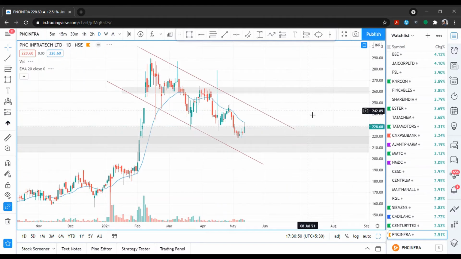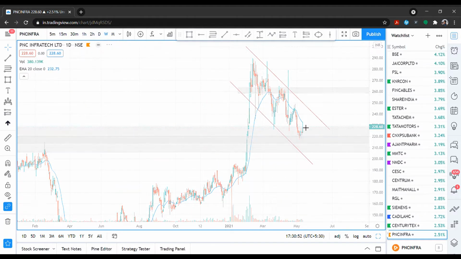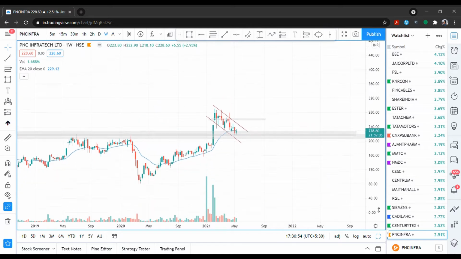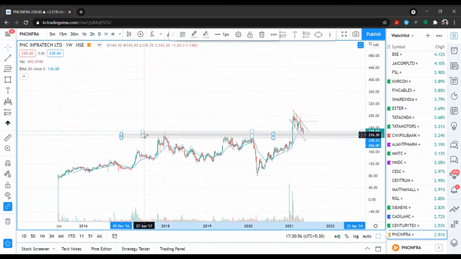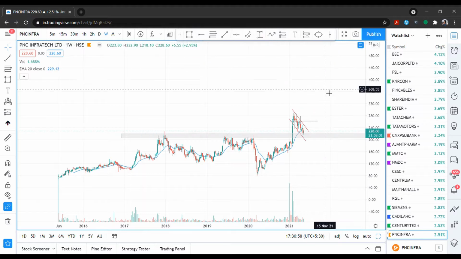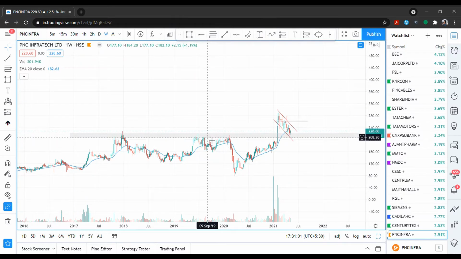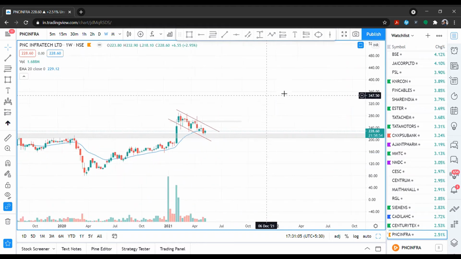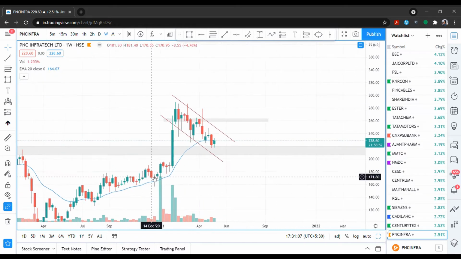Okay, this is a break and retest pattern in a higher time frame, which is the weekly time frame. If you see, this was a really good resistance level, and the price went up with high volume. This level was broken with high volume, and now the price has consolidated and started coming down slowly. I would say this is a pure pullback, and I'm hoping that the price will break out.